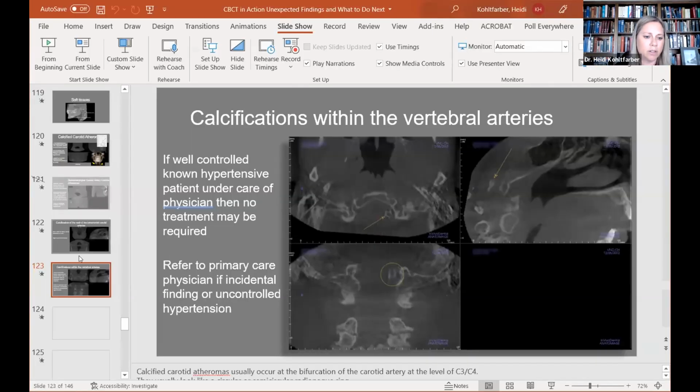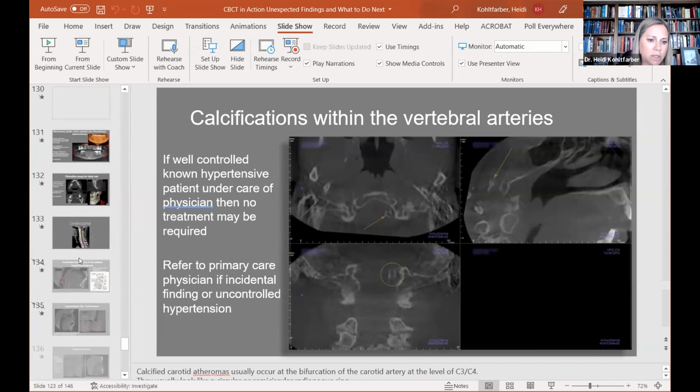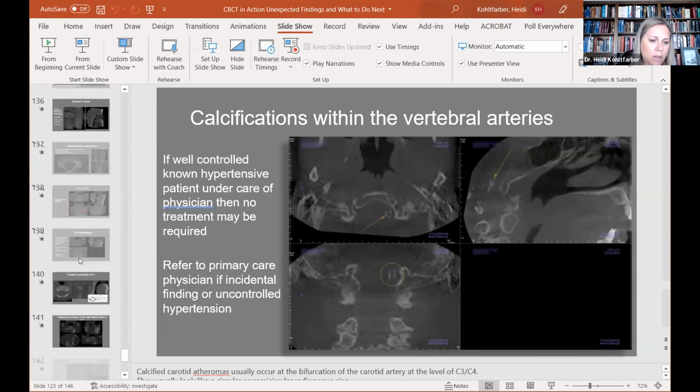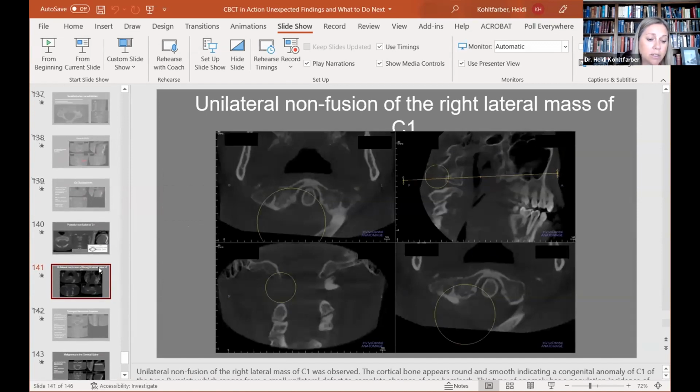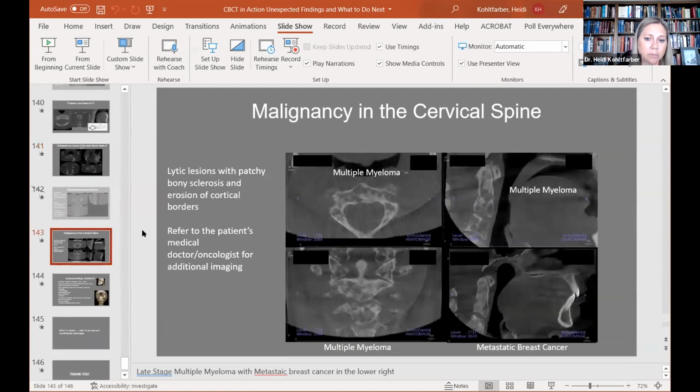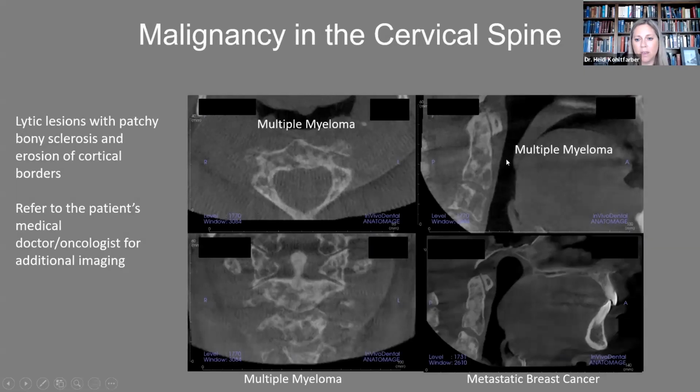But I really want to show you, because we've seen a bunch of this year, some of our malignancies within the cervical spine. So pop this one up. What you're looking for is this patchy bony sclerosis. And again, we've seen quite a number of these as complete incidental findings.